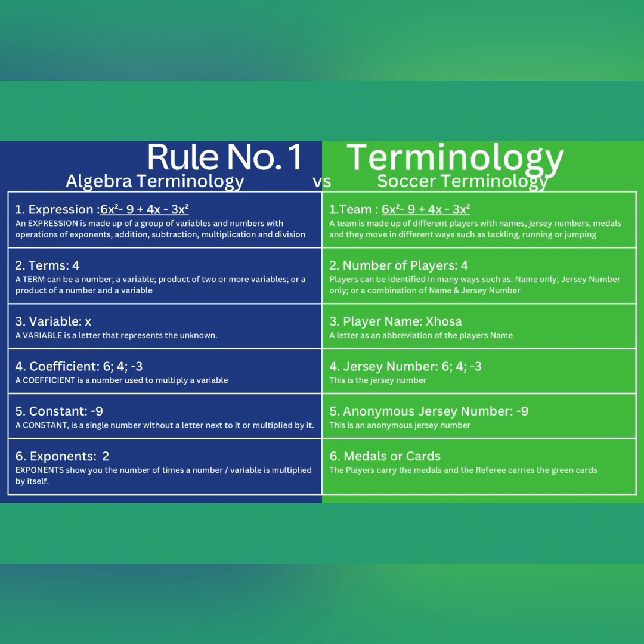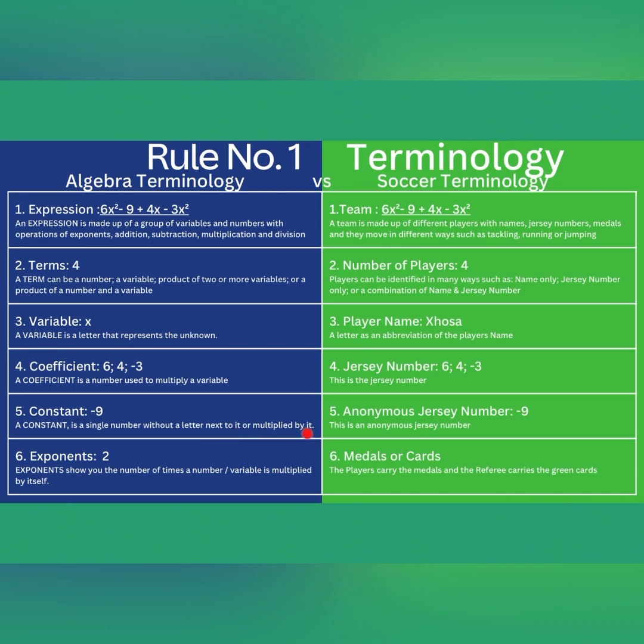In soccer, our coefficients are called the jersey numbers. Therefore, jersey number 6, number 4, and jersey number minus 3. This is the jersey number. Terminology number 5, constant. A constant is a single number without a letter next to it or multiplied by it.